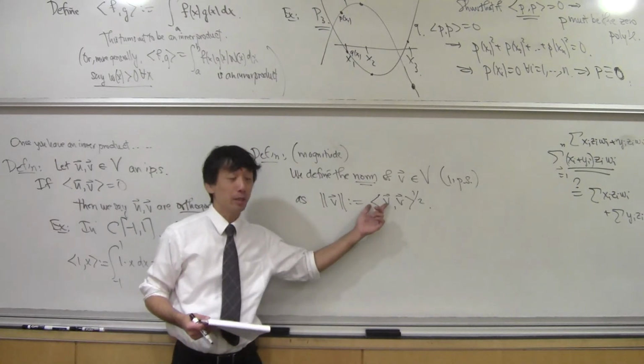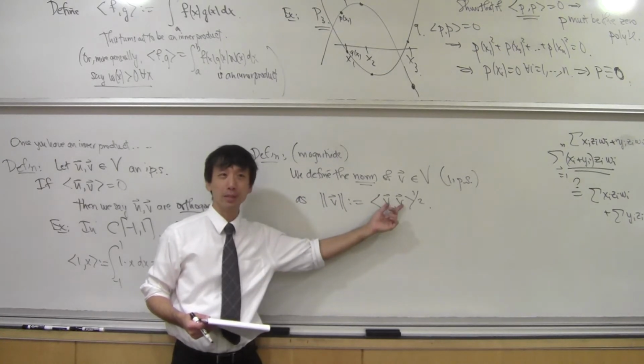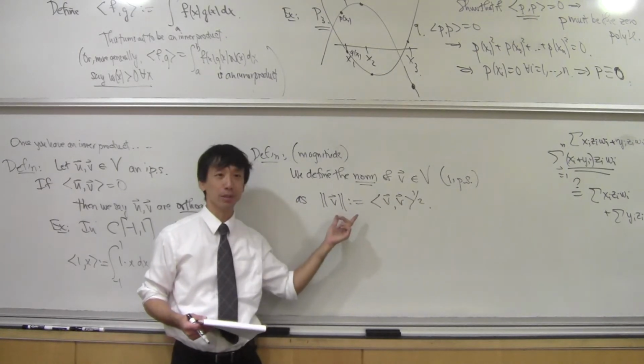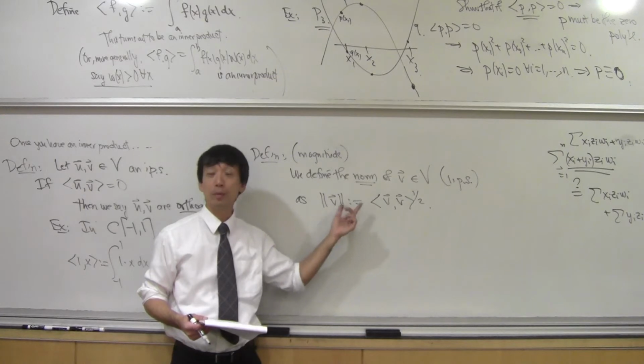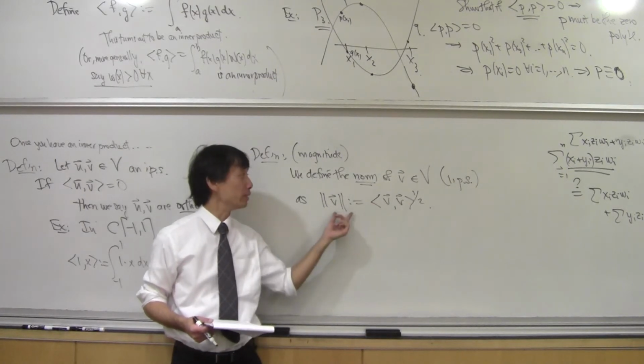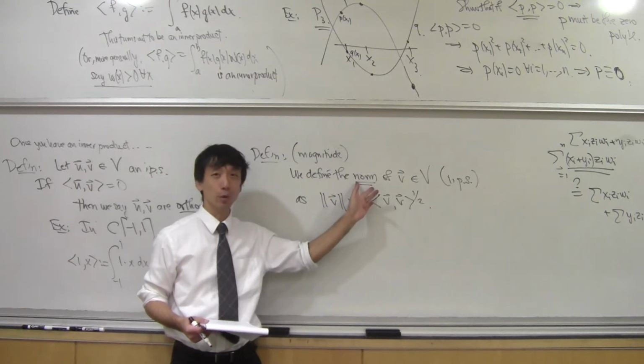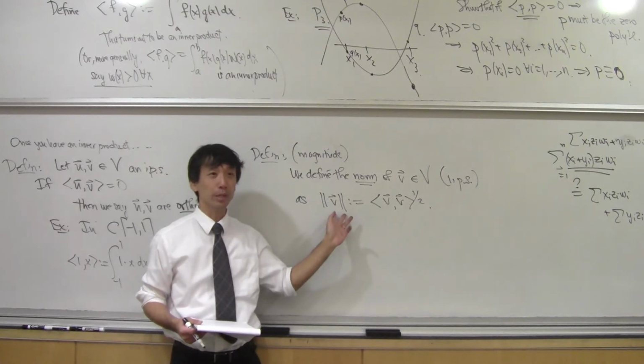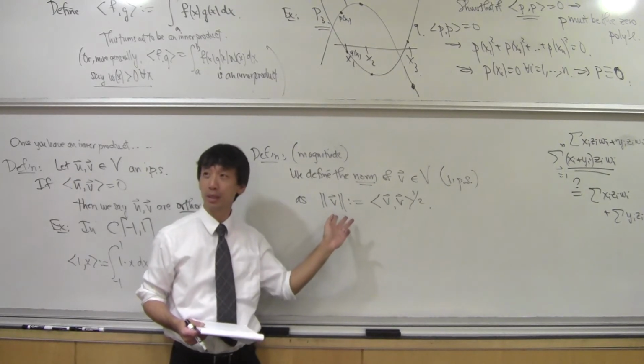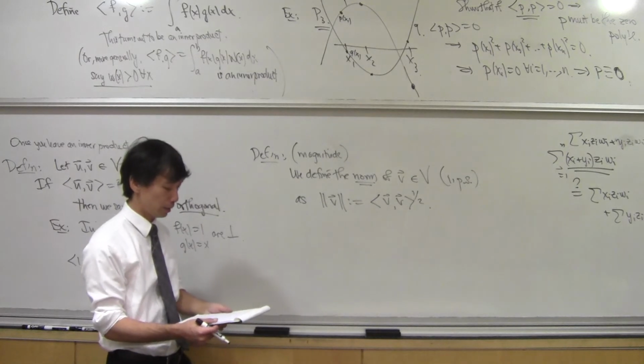In Rn, you can take a vector dot product against itself, take the square root, and you get the magnitude. So that's how we're going to define the magnitude or the norm in the general inner product space.